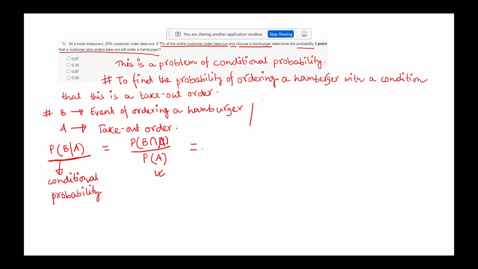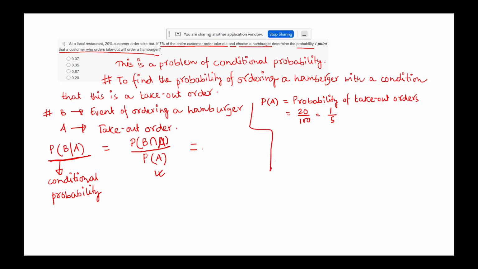P of A, the probability of takeout orders, is 20%, meaning 20 divided by 100, which is equal to 1 by 5.